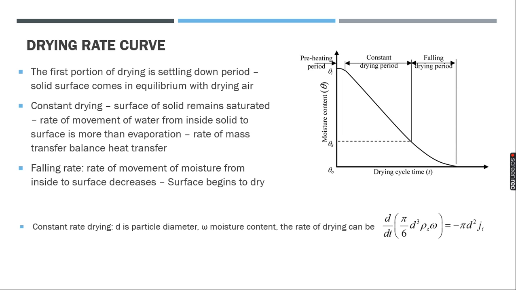So d water amount by dt is going to be proportional to the surface area, and surface area can be related to d square, so pi d square, and J is the flux.